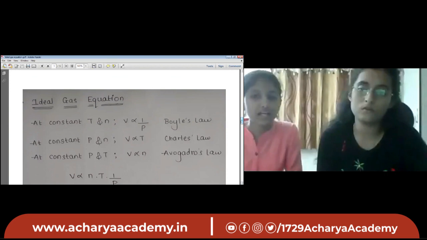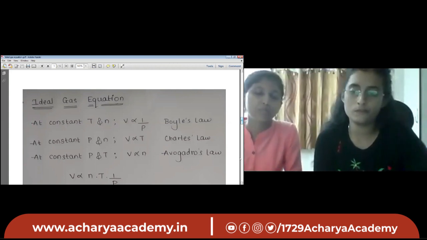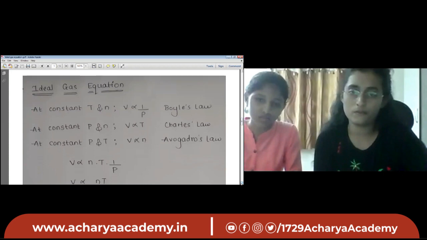Similarly, by Charles' law, volume is directly proportional to temperature by keeping pressure and number of moles constant. And by Avogadro's law, volume is directly proportional to number of moles by keeping pressure and temperature constant.